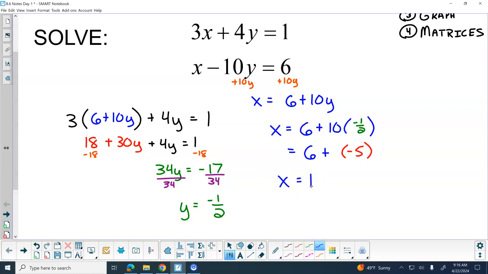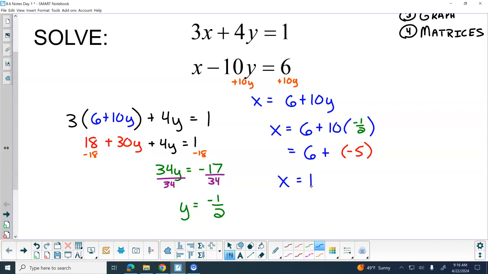Then x is 1. Two more steps to go. Plug them both back in to check it. Yep. 3 times 1 is 3. 4 times negative 1/2 is negative 2. 3 plus negative 2 is 1. Checks out there.